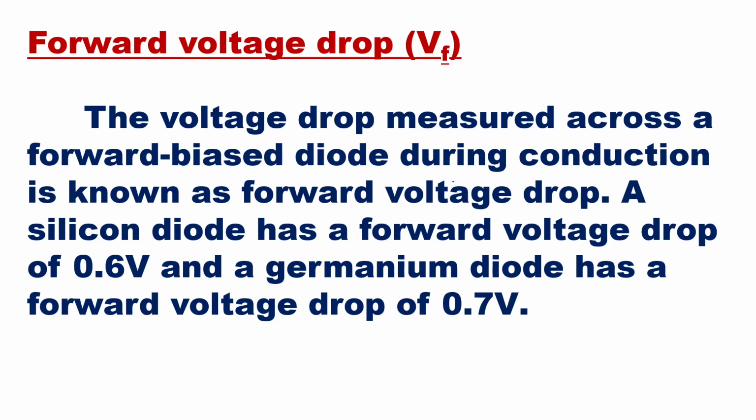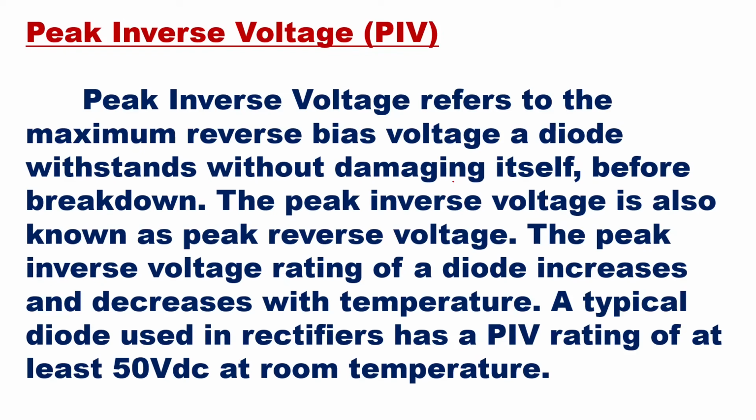Forward voltage drop, VF. The voltage drop measured across a forward-biased diode during conduction is known as the forward voltage drop. A silicon diode has a forward voltage drop of 0.6 volt, and a germanium diode has a forward voltage drop of 0.7 volt. Then peak inverse voltage.